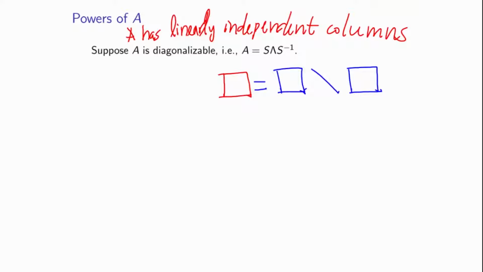Here, this is A, and this here is S, and this here is S inverse. They kind of look like that because A is a square matrix, so it looks like a square. And here what we have is the product of three matrices. The two matrices on the right and left are kind of shielding the matrix in the middle.